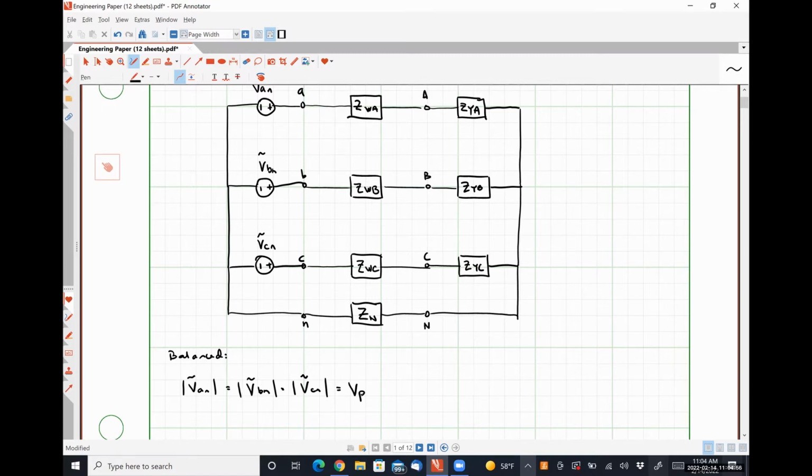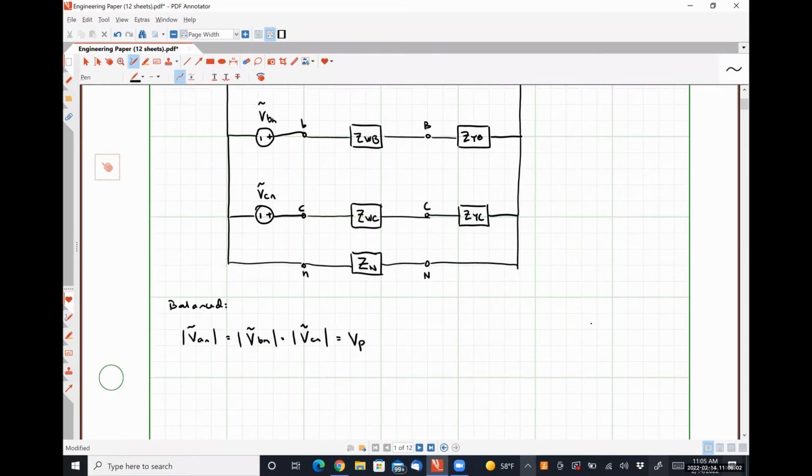The phase separation between the phase voltages at the source is 120 degrees. So that means angle theta BN has to equal angle theta AN minus 120 degrees.